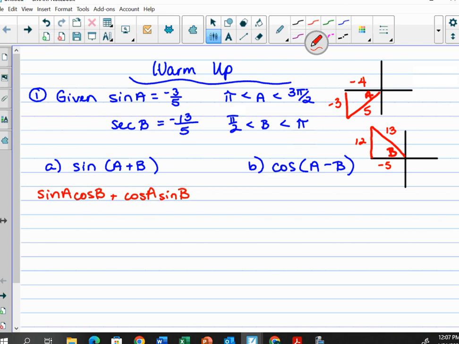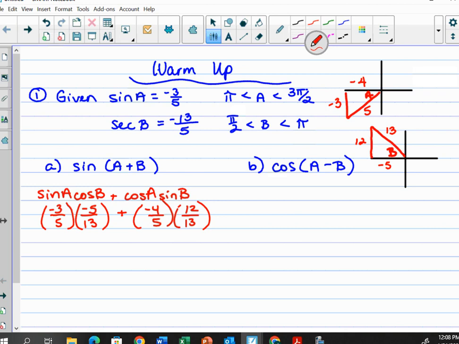So I look at sine of A, that's over here, triangle A. Sine is opposite over hypotenuse. Cosine of B, I go to the other triangle, adjacent over hypotenuse. Plus cosine of A, so adjacent over hypotenuse. Sine of B in triangle B, opposite over hypotenuse. Okay?